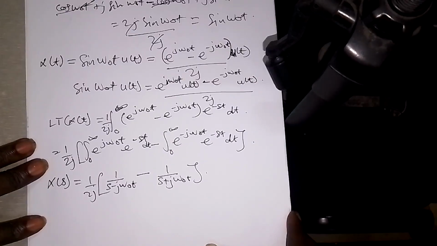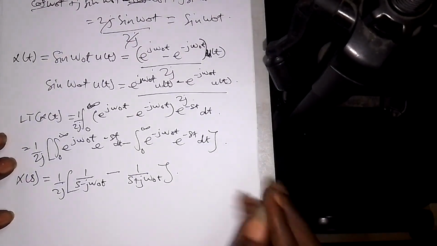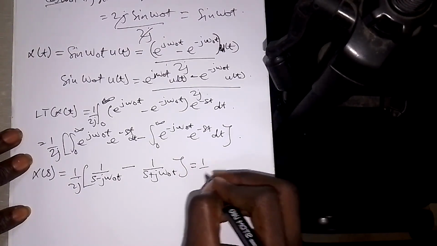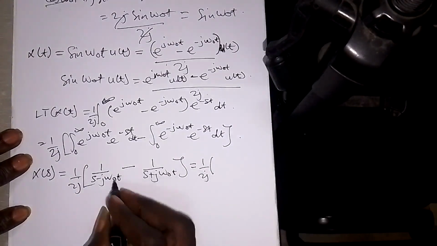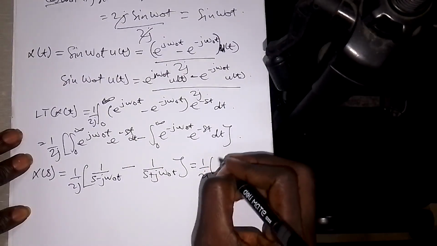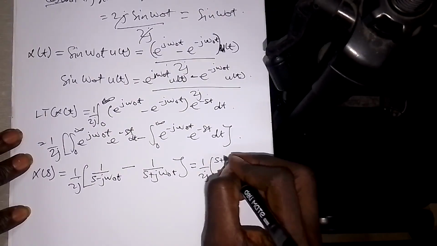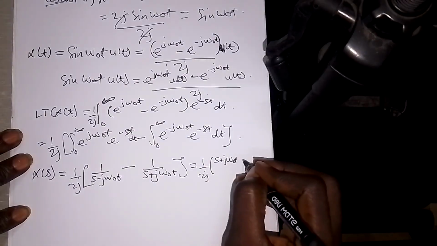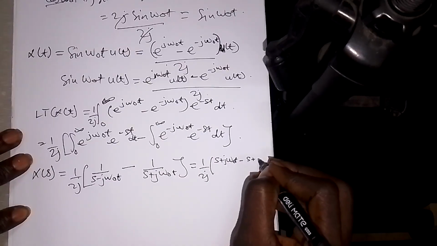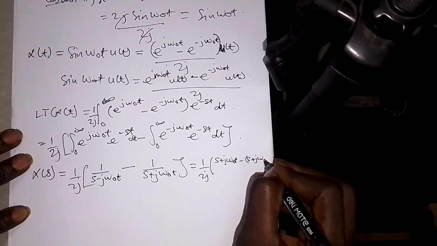So now it's going to be equal to 1 over 2j into s plus j omega naught, minus s minus j omega naught.